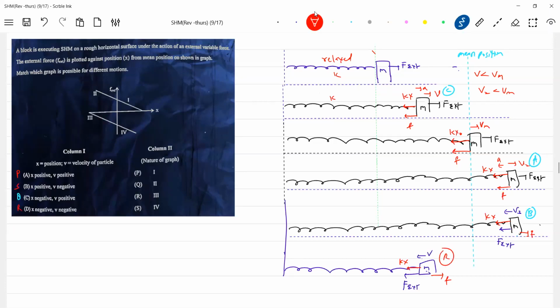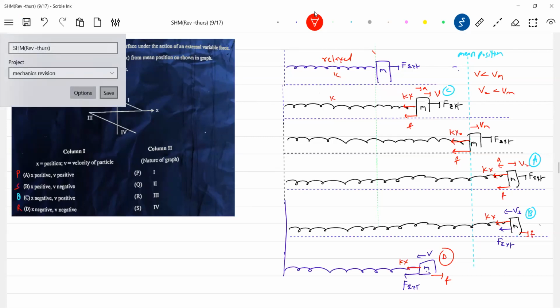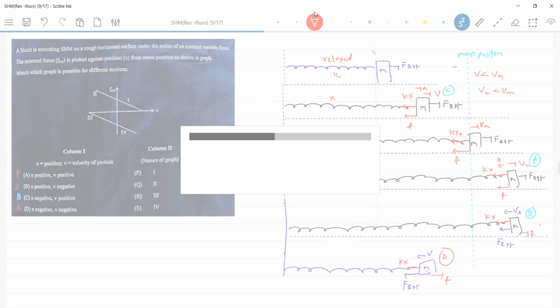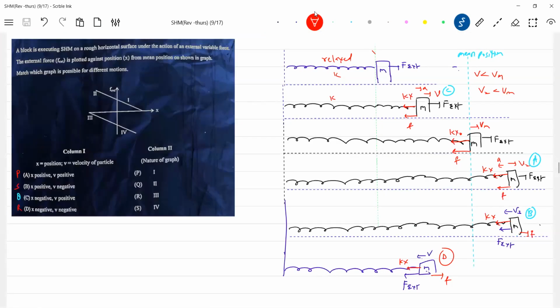So this will be R. Not R, I should write D. Okay, I think this will be the final key, PSQR.